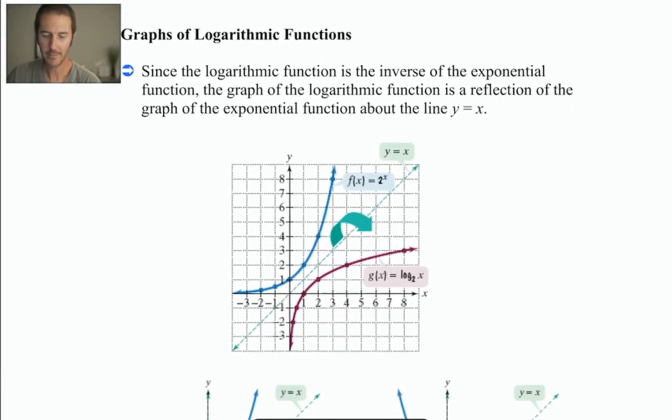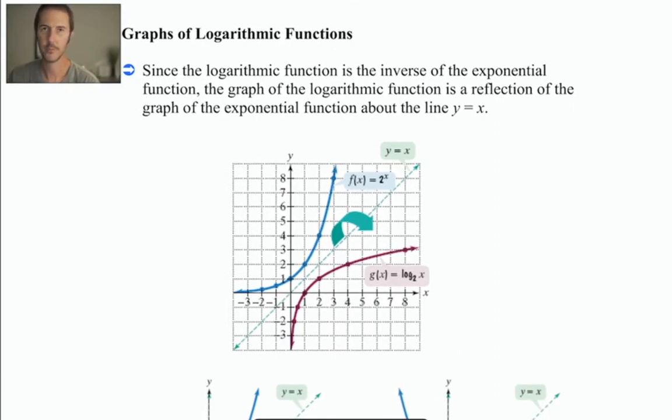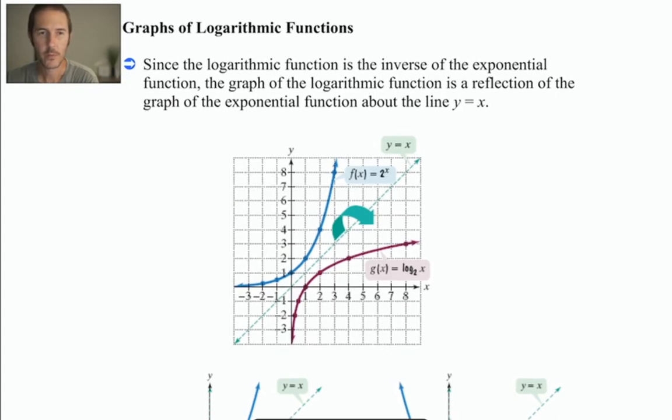And you can graph logarithmic functions, which is a very humbling exercise, like graphing exponential equations. Check this out, though.